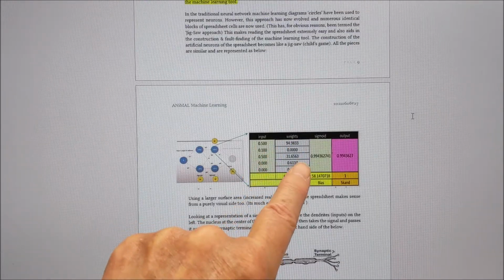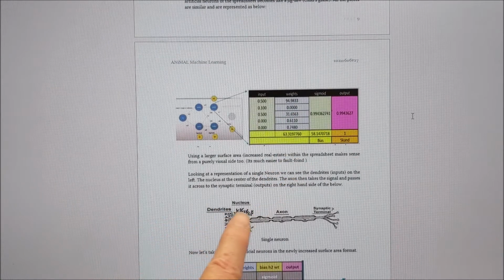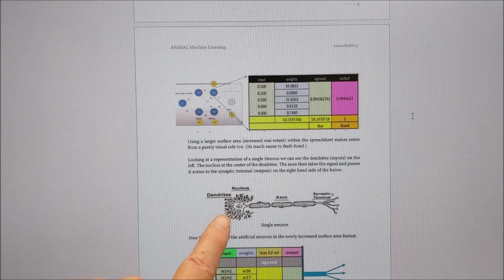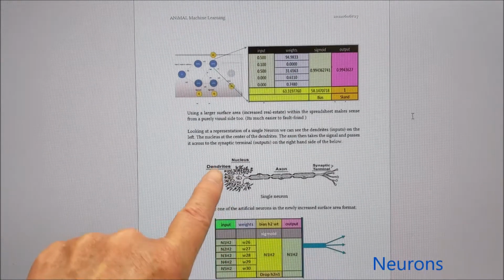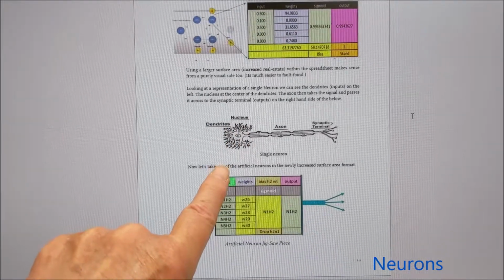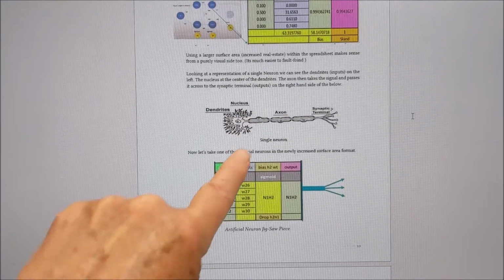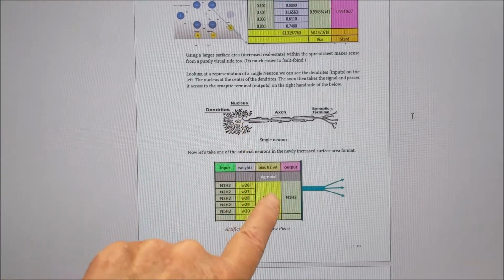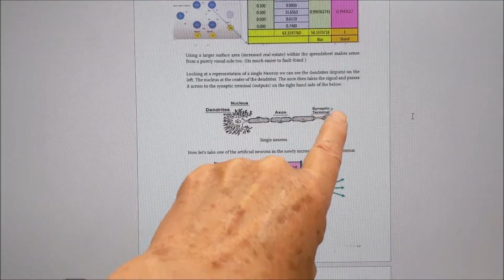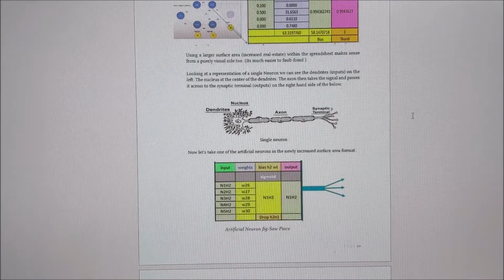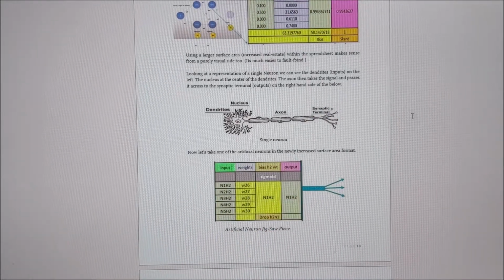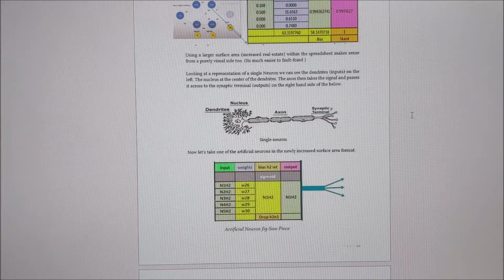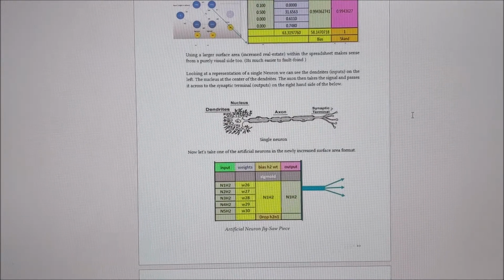In addition to that, we looked at the standard nerves, and you think, well, here are the inputs, and the axons and the nucleus. This is the nucleus, and then it's the synaptic terminal, the outputs. Now, what we found is that this is really, really helpful in fault finding.